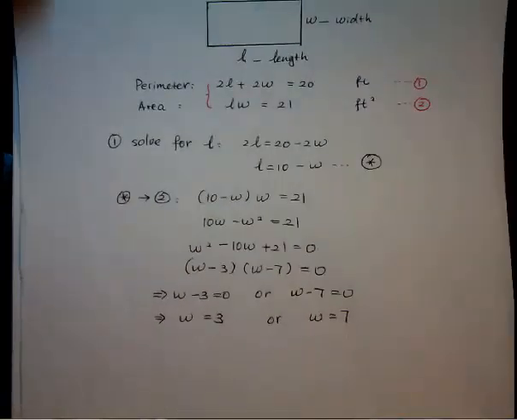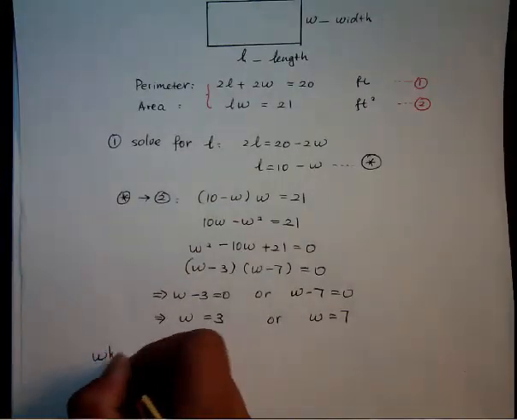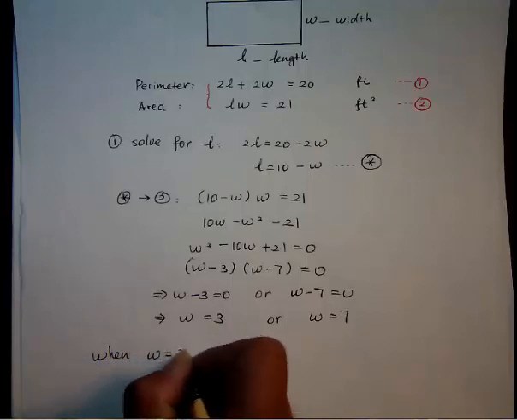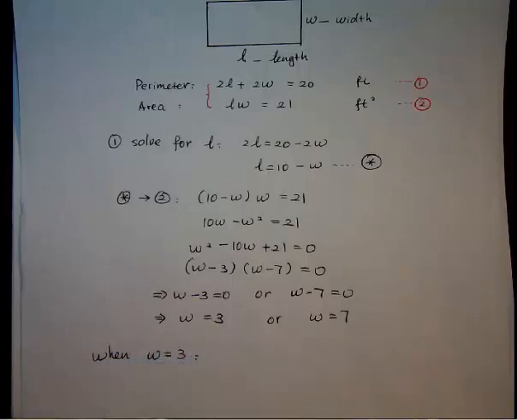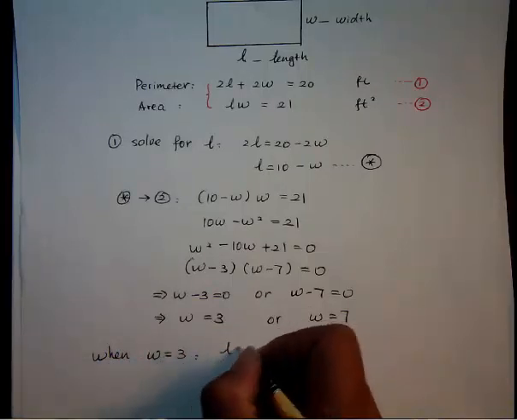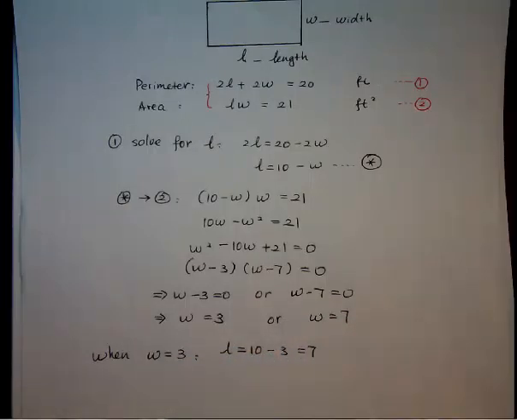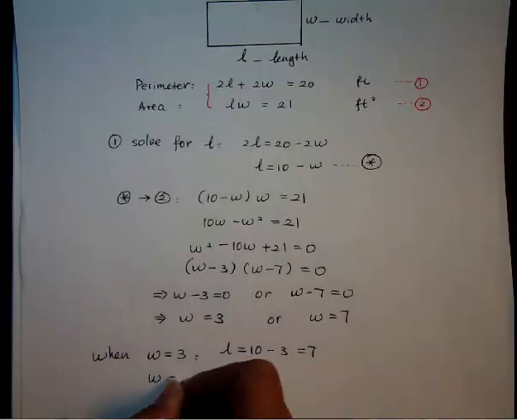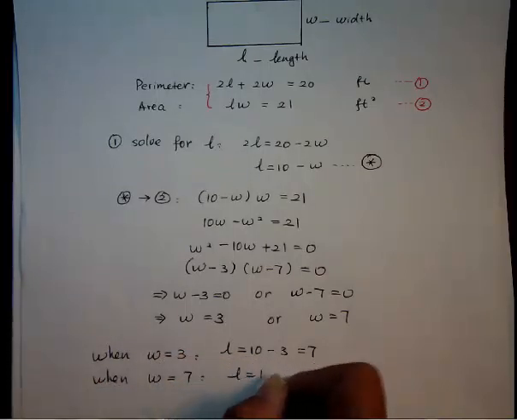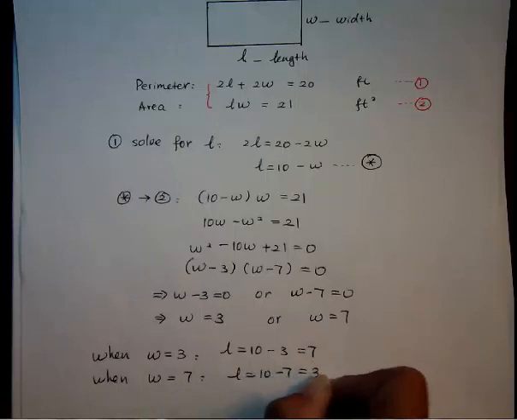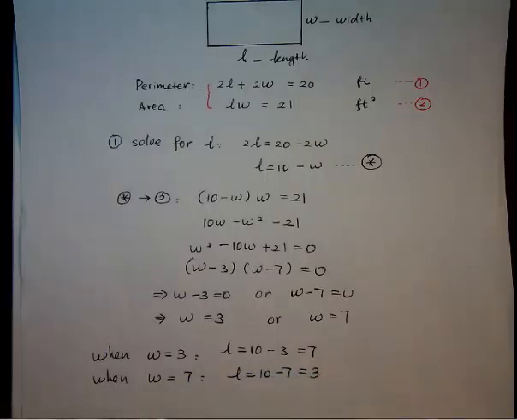When W equals 3, length is equal to 10 minus W, that's 7. When W equals 7, length is equal to 10 minus 7 equals 3. It seems that if we just solve the system of equations, we have two solutions, (3, 7) and (7, 3).